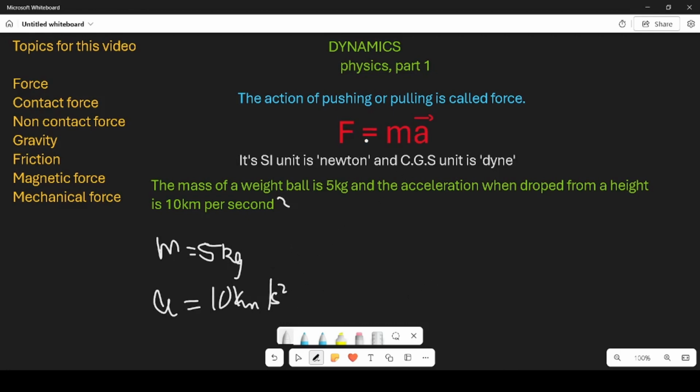Now we know the formula for force is mass into acceleration, so the force would be 50 Newton.